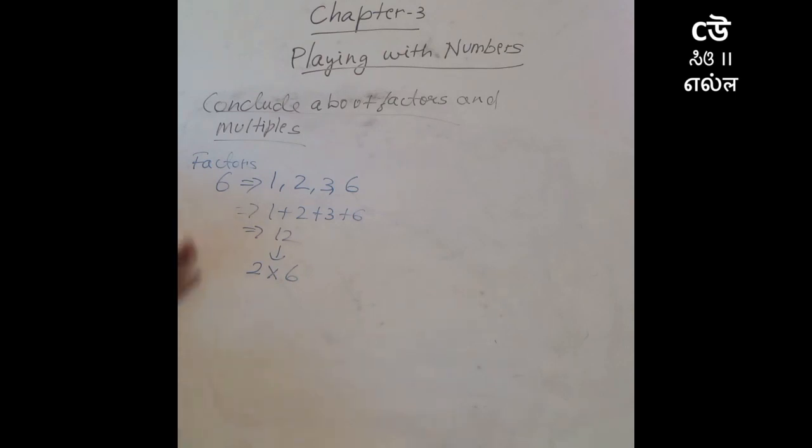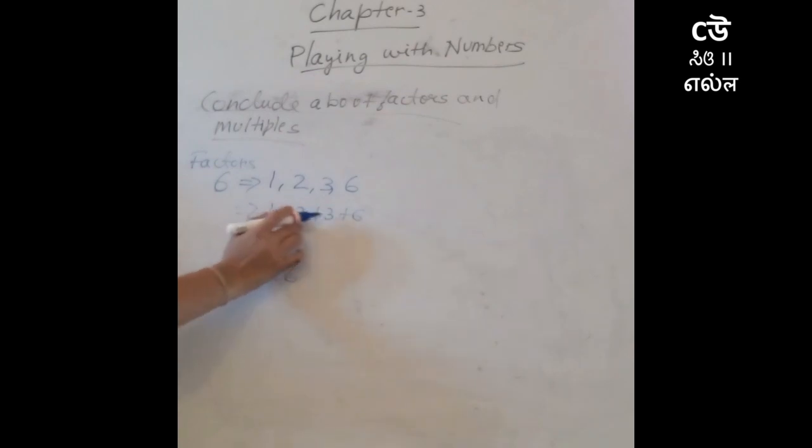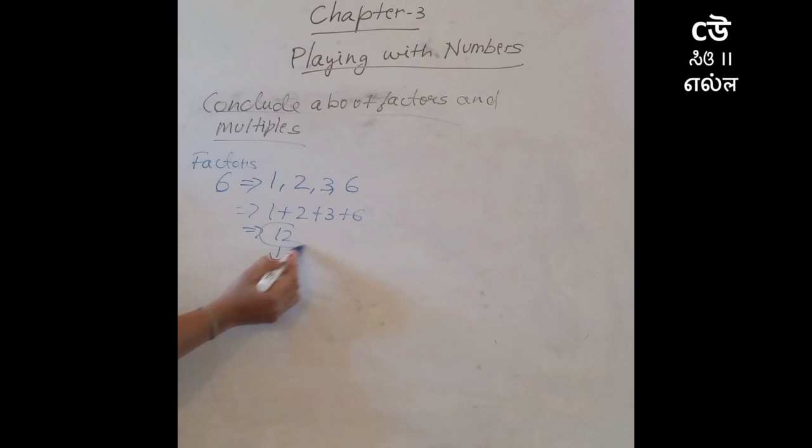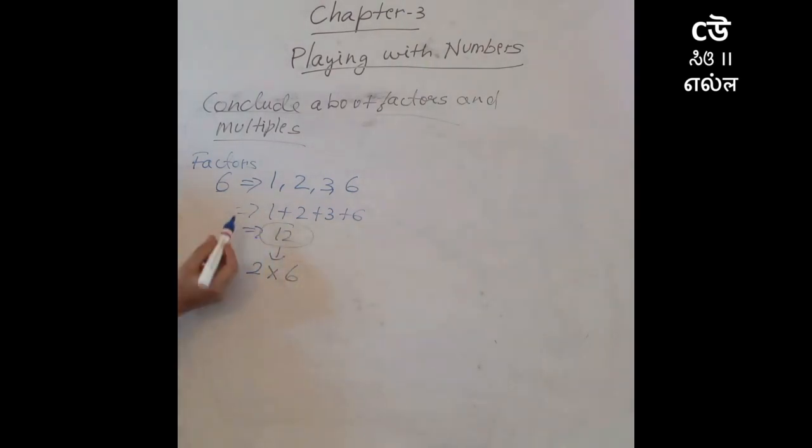So what can we conclude with this example, children? We saw that the factors of 6 are 1, 2, 3, 6. And if we add those factors of a given number, we'll get the sum 12. So we can tell that the sum of the factors of 6 is equal to twice that number.